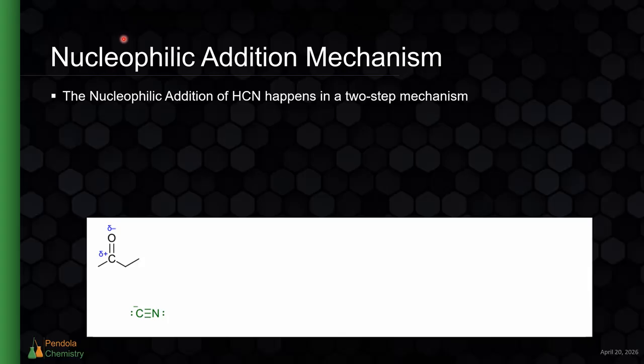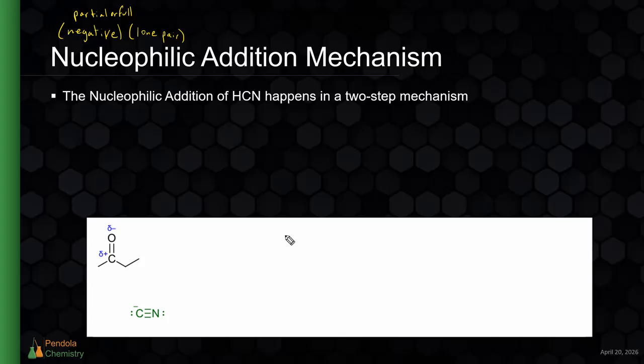Nucleophilic addition reactions, like the name implies, are going to involve a nucleophile, which is going to be, remember, negative in charge or partially negative in charge, and they're going to have somewhere in them a lone pair. So it's either partial or full negative and a lone pair of electrons.